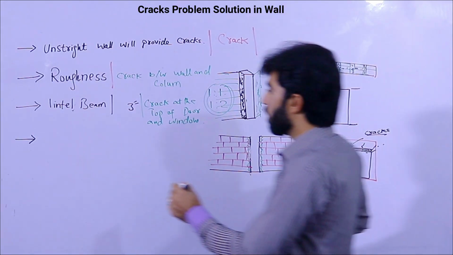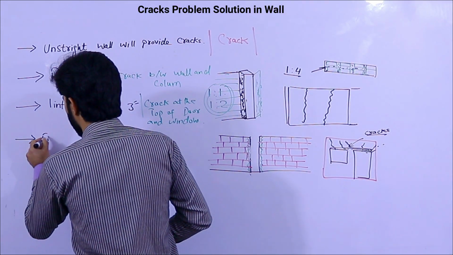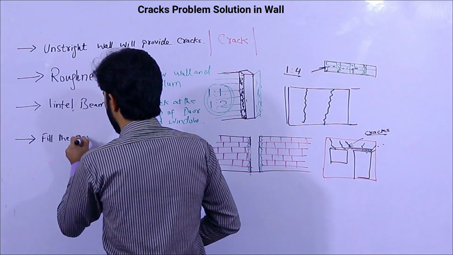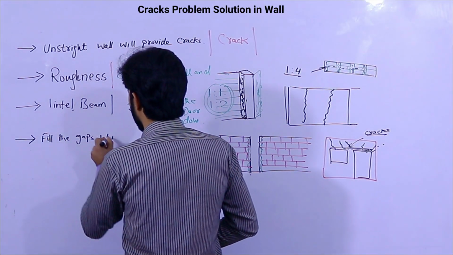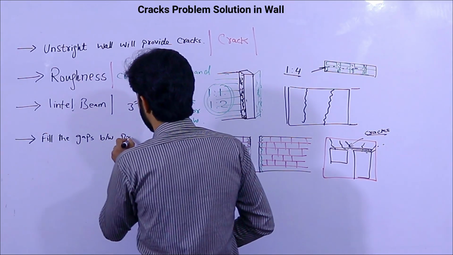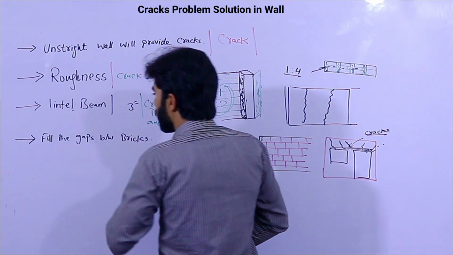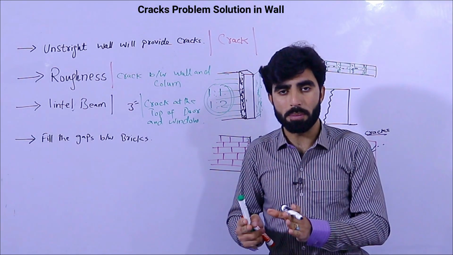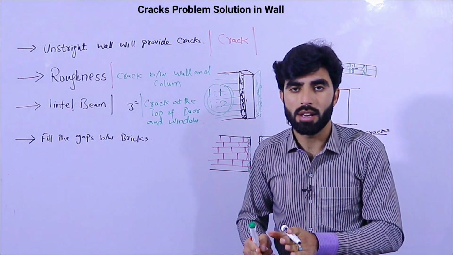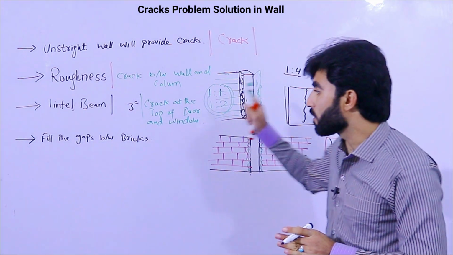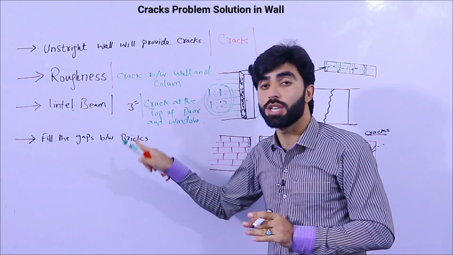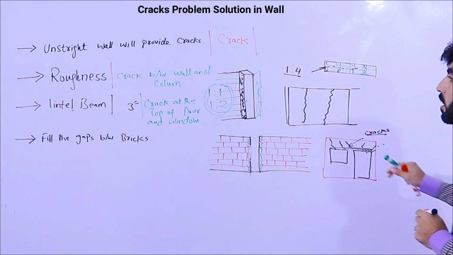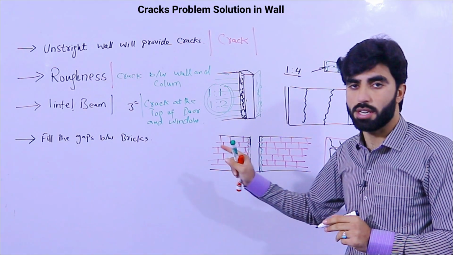So fill the gaps between bricks. If you keep a gap between bricks and don't fill it, it will provide cracks after some time. So fill the gaps between bricks. This is another important point to avoid cracks, and this is the solution.